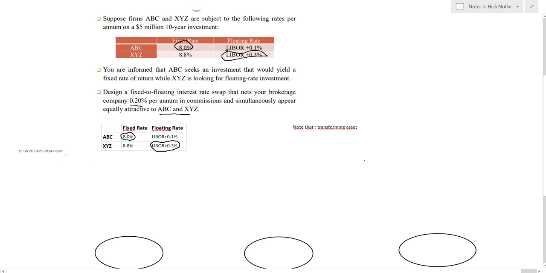Then look at the comparative advantage. So when I look at the fixed rate column, I see the 0.8% comparative advantage. For the floating rate, the difference and the advantage is actually minus 0.2%.